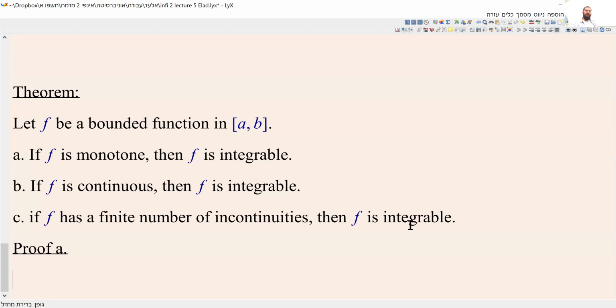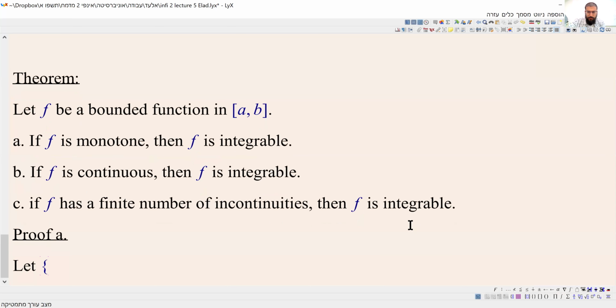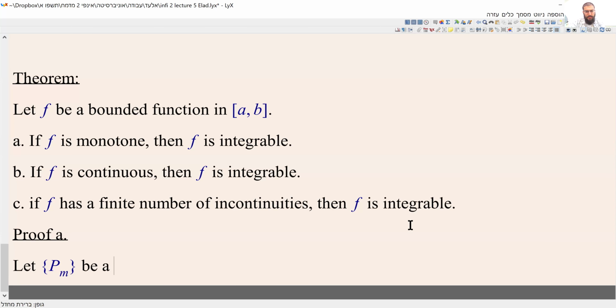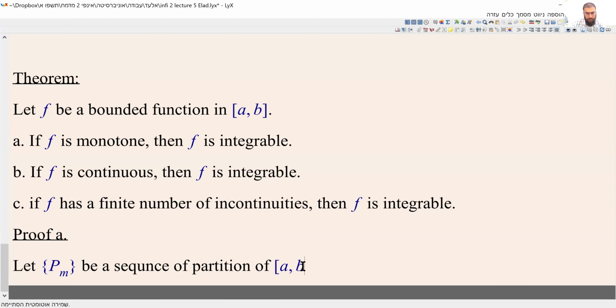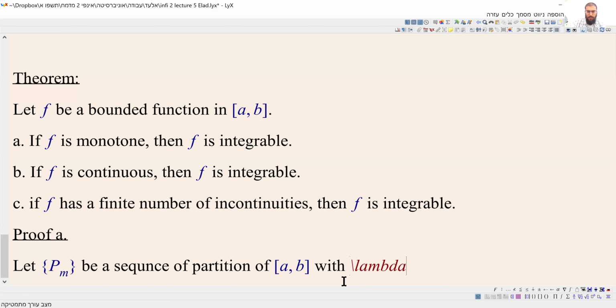We use the equivalent condition for integrability using the oscillations. Let P_m be a sequence of partitions of the segment [a,b] with lambda(P_m) going to 0 as m goes to infinity.